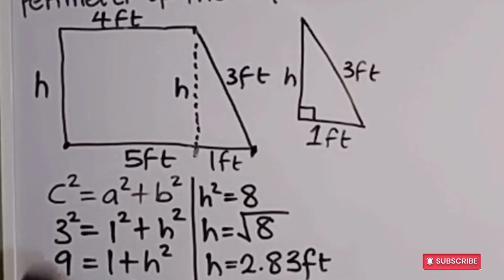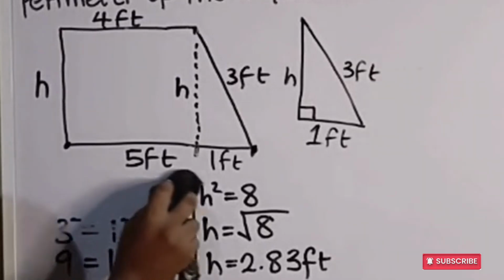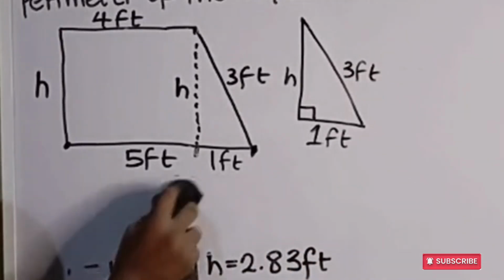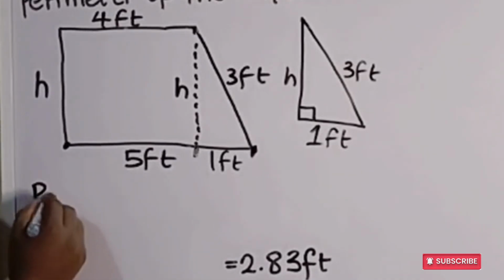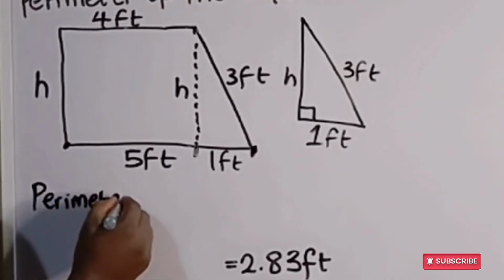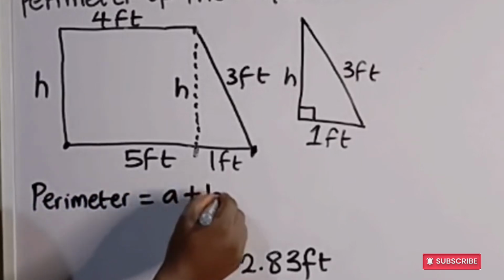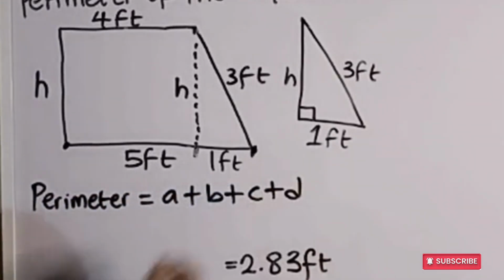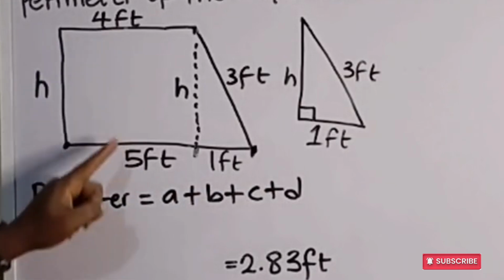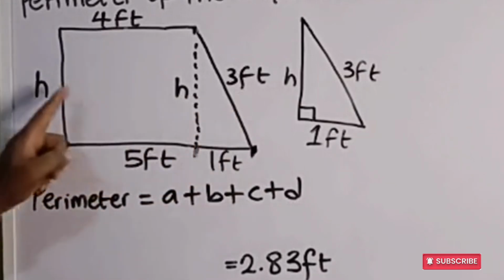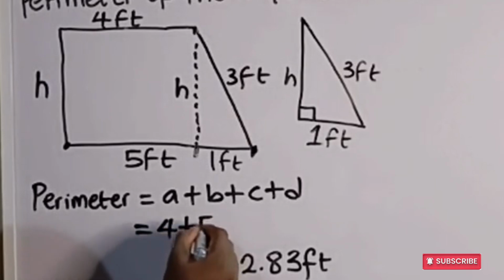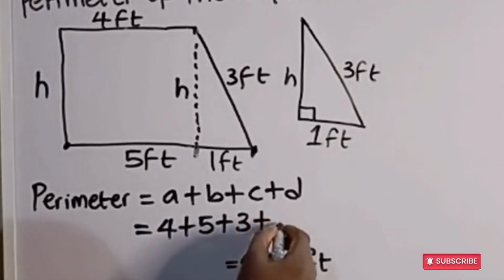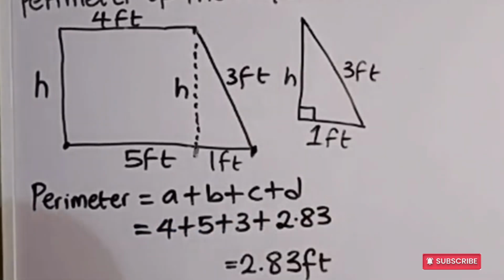So perimeter is equal to a plus b plus c plus d, so we have 4 plus 5 plus 3 plus 2.83.